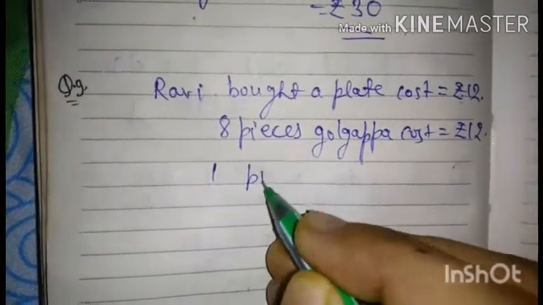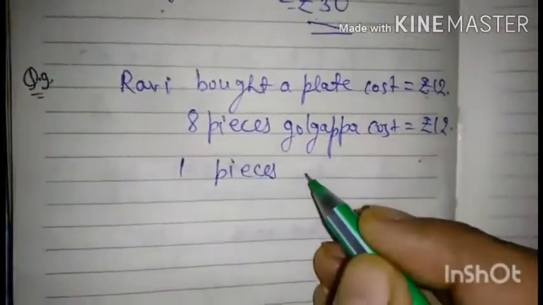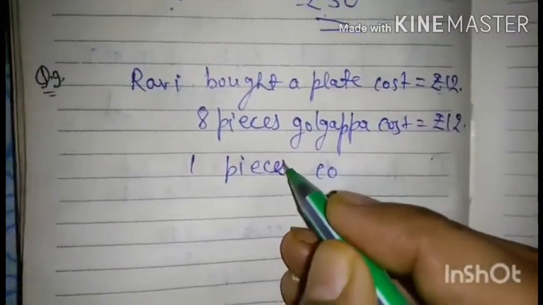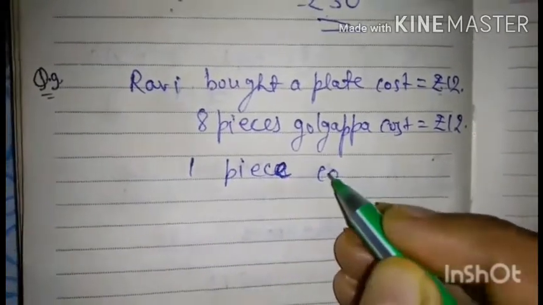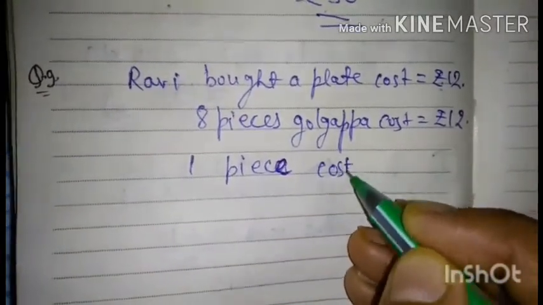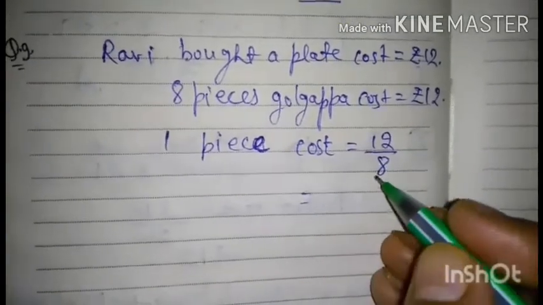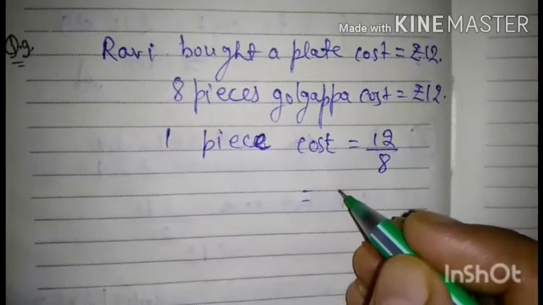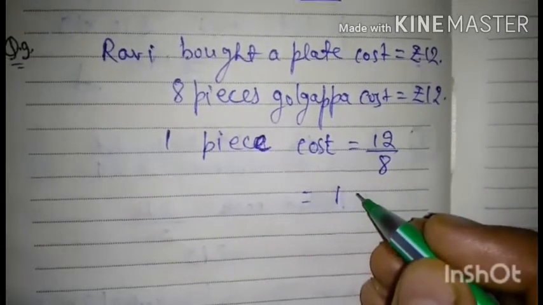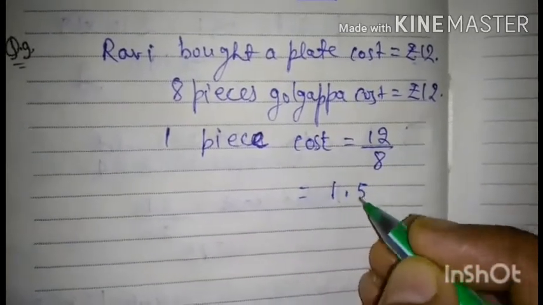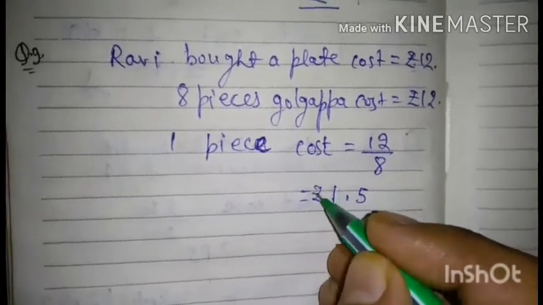So first find out the cost of one piece. One piece cost is equal to 12 by 8. 8 1s are 8, remaining 4. 8 5s are 40. So 1.5 rupees.